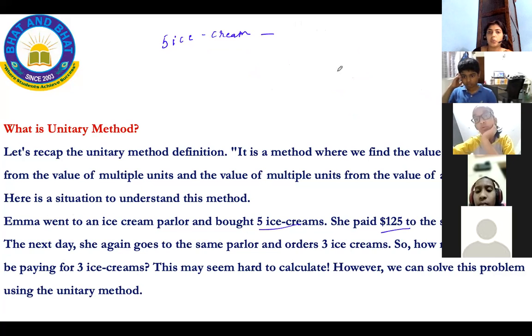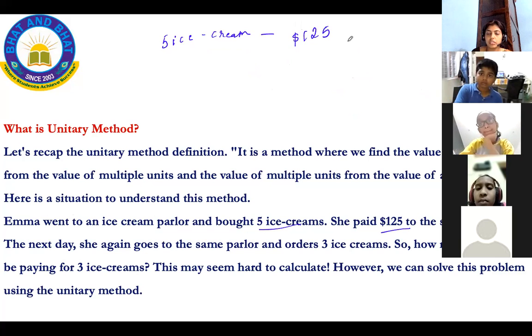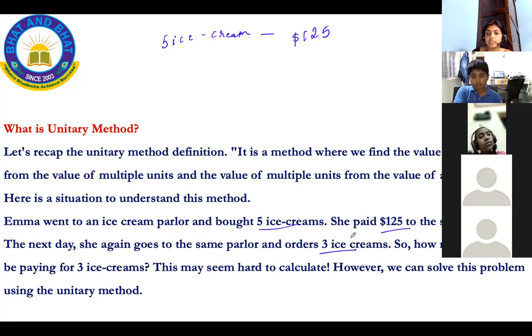She paid 125. Then next day she will go again and take 3 ice creams. Now how much does she have to pay?